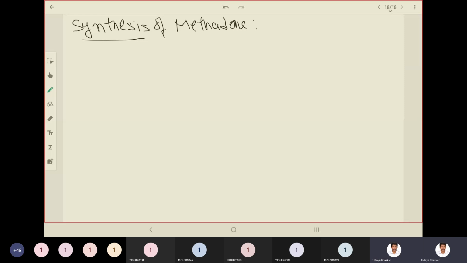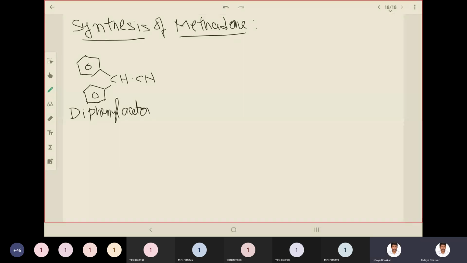So first we'll take diphenyl acetonitrile. The starting material is diphenyl acetonitrile. This is the structure of diphenyl acetonitrile, right, which is condensed to 1-dimethylamino 2-chloropropane.